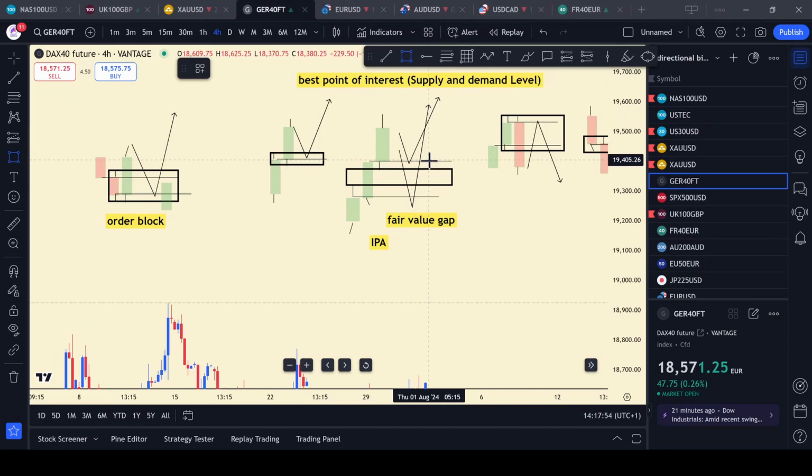Or the fair value gap, if I have a close below the fair value gap, does it mean that the fair value gap is not respected? All right, you can't build rules around a range, but you can build a rule around the price.